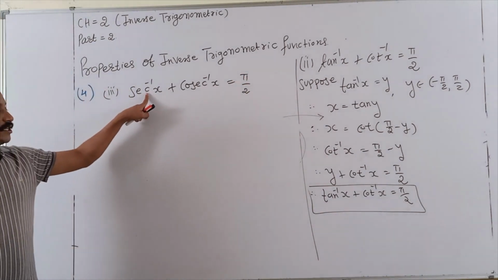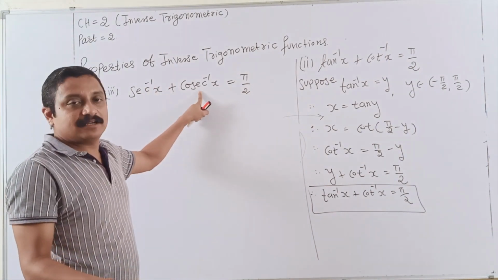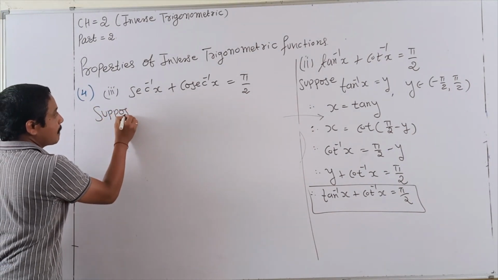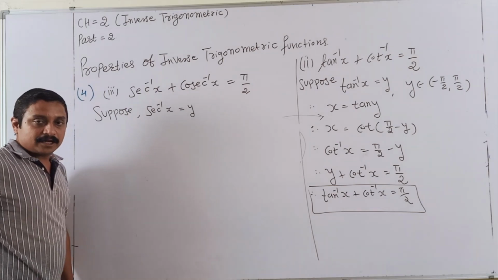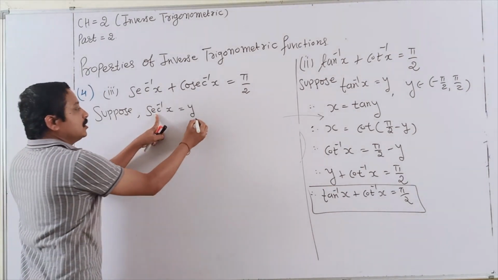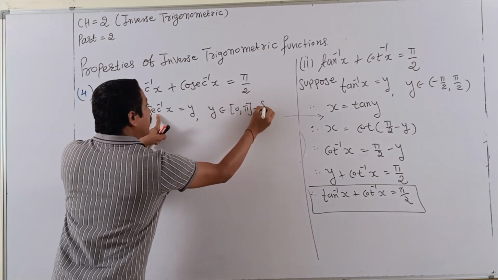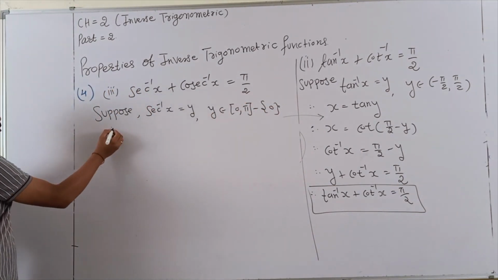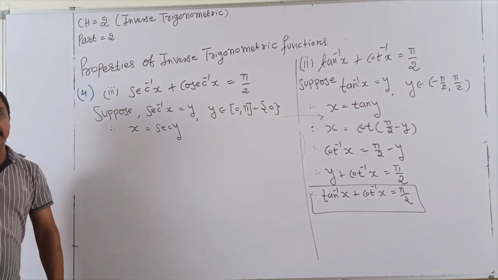So anyone give a suggestion: either sec inverse x or cosec inverse x, as you like. Sec inverse x is y by assumption. What is the range of sec inverse? Closed bracket 0 to pi minus pi by 2. So what is x equal to? Yes, it is sec y.